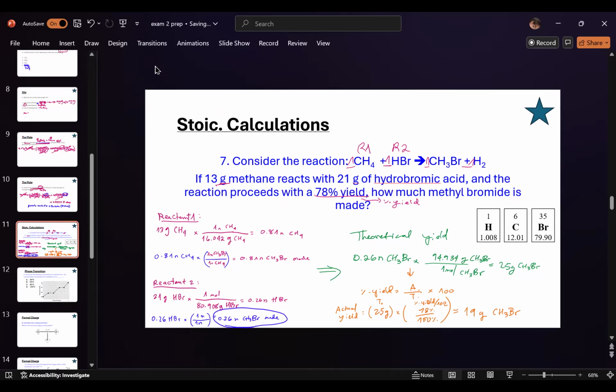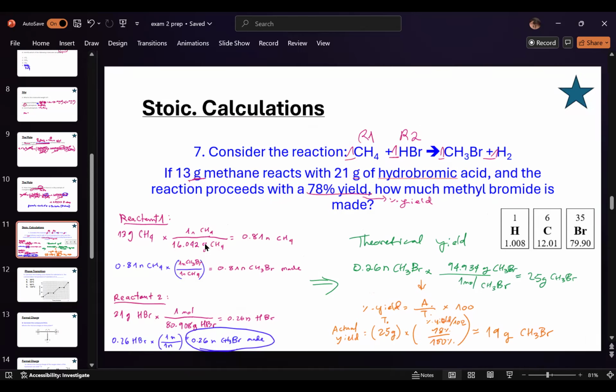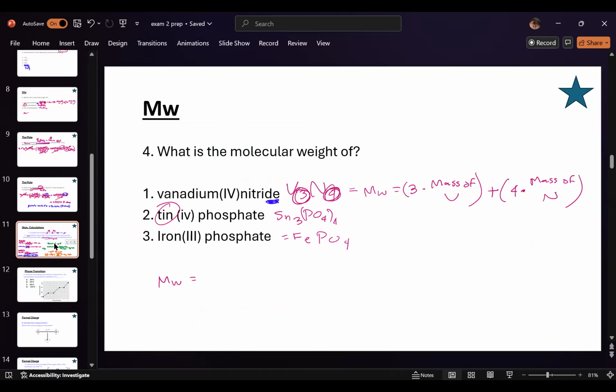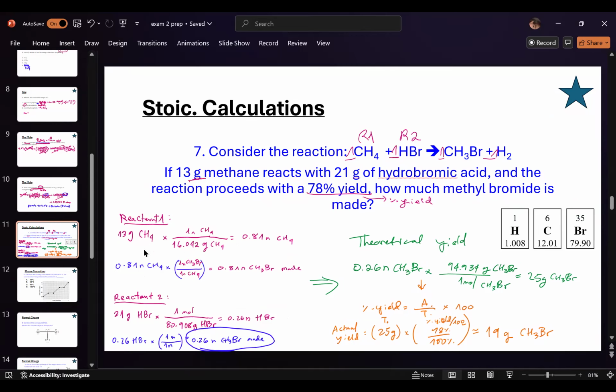So again, take a breather. It's not hard. It's just so many steps that you have to memorize where you're going. Like, I balanced it, but then where do I go from there? Remember, you balanced it. You're speaking in grams, but you want to make sure that you're speaking in moles, so you find out how much of what you're making. Start here. Go from gram to mole.